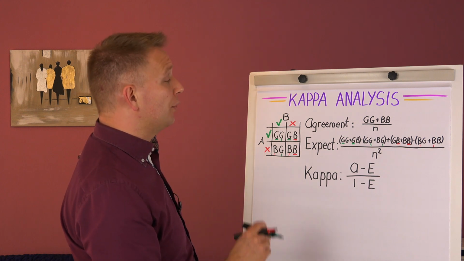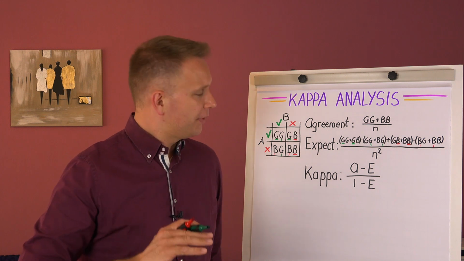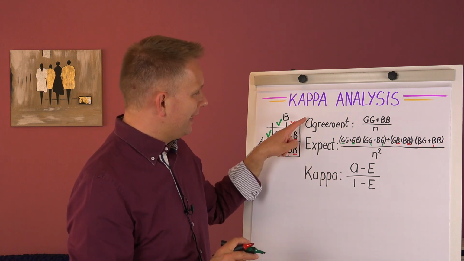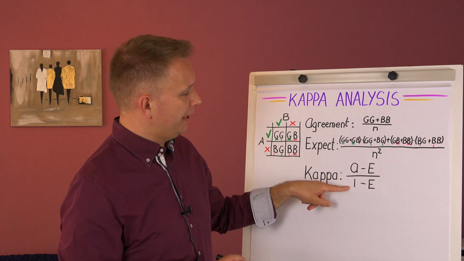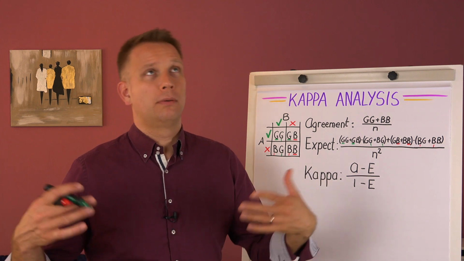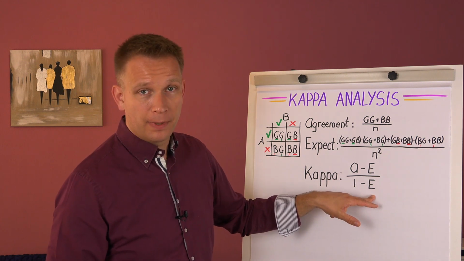Now, what you will then see is that to calculate this Kappa result, we take the agreement minus the expected value and we divide it by 1 or 100%, but 1 minus the expected value.